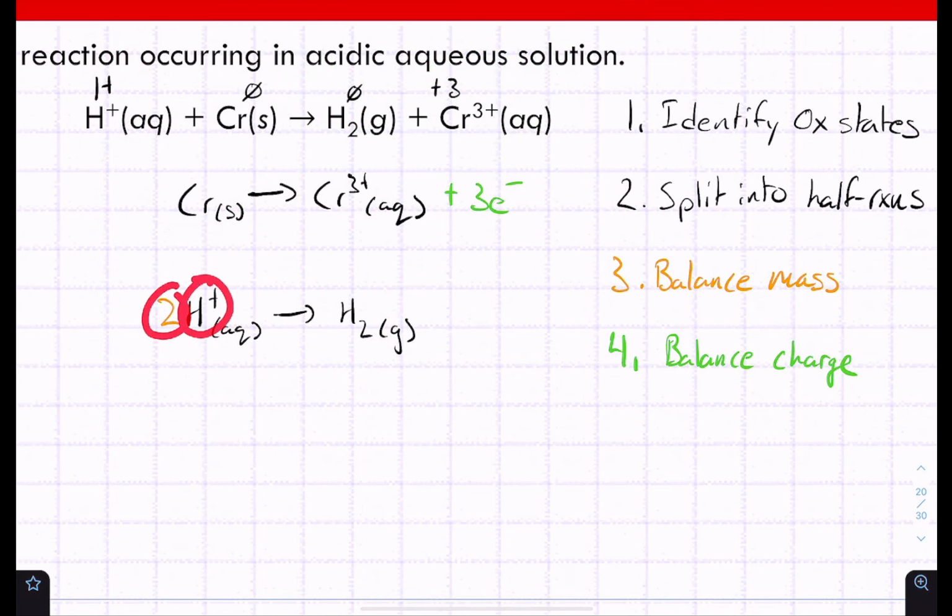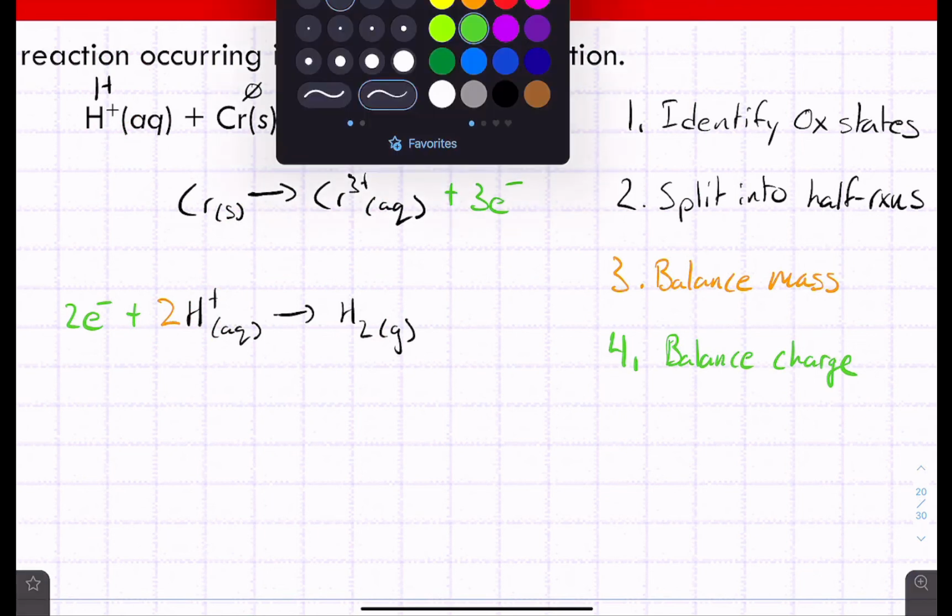We have 2 H plus here, so now we have to add 2 electrons. But you're right, we do have to add those to the left side. So now we're balanced with respect to charge. So once we've got mass balanced and charge balanced, now we look at the reactions together, and we have to get the same number of electrons on either side.